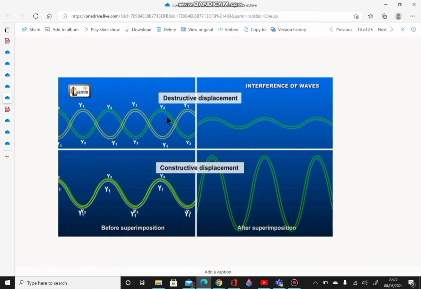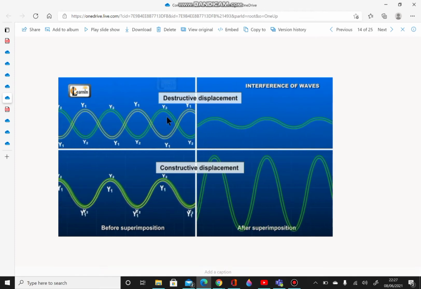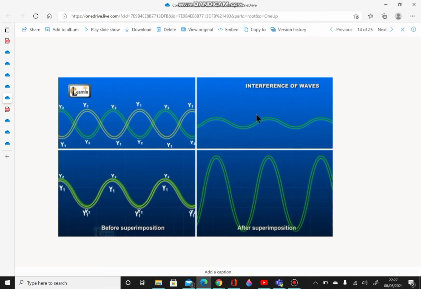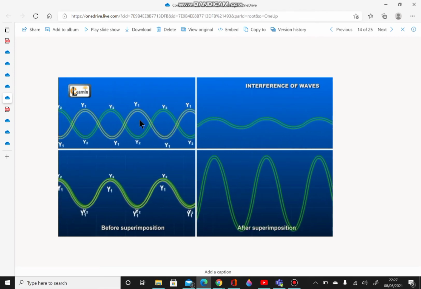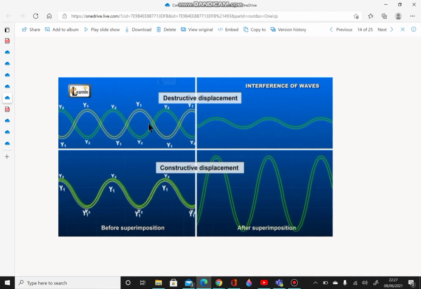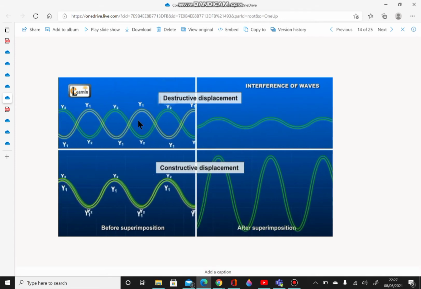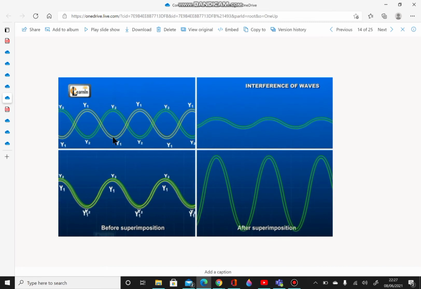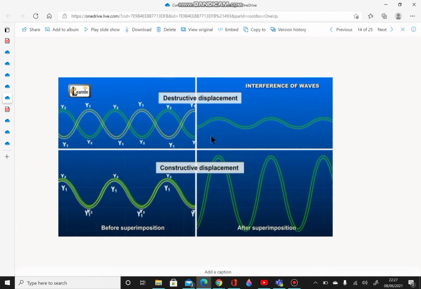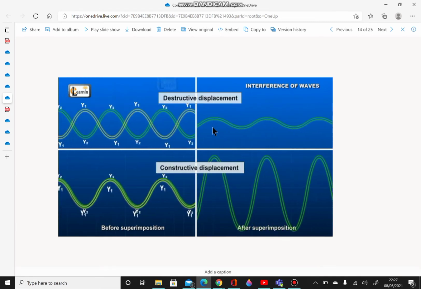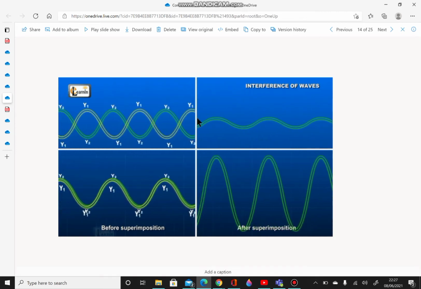So on combining these two waves, in the resulting waveform the wave characteristics will be less compared to the two parent waveforms, because due to the opposite signs of their magnitudes, the positive and negative parts of the waveform get cancelled, resulting in a waveform with much less wave characteristic, say amplitude, compared to the previous two.